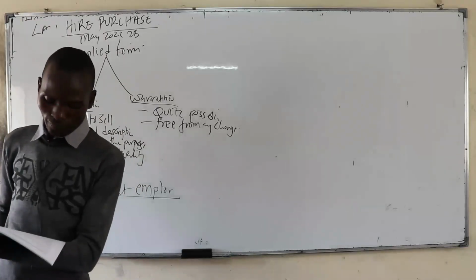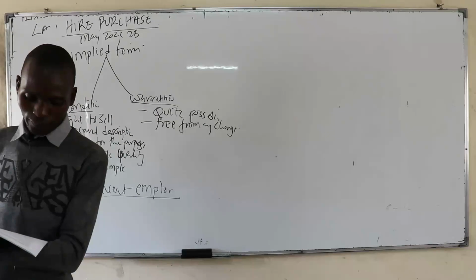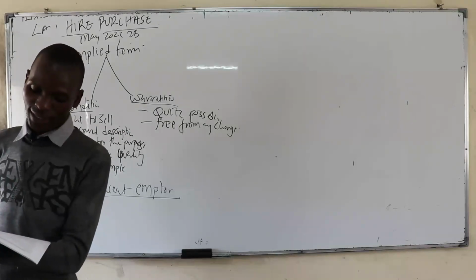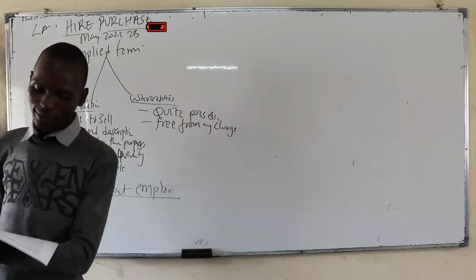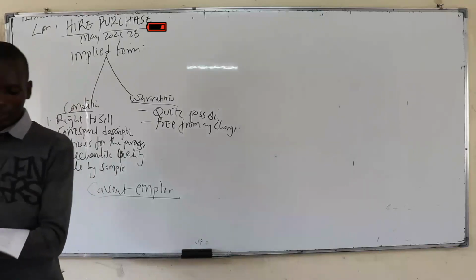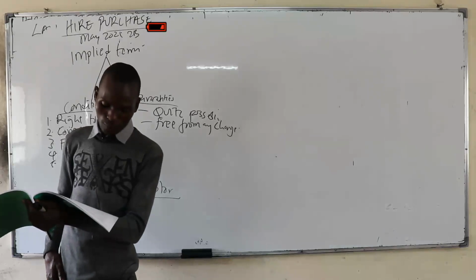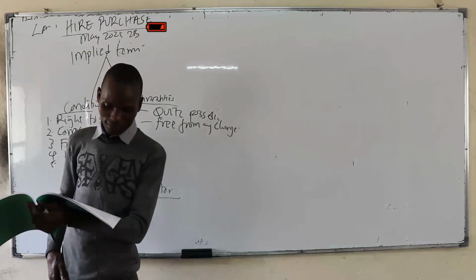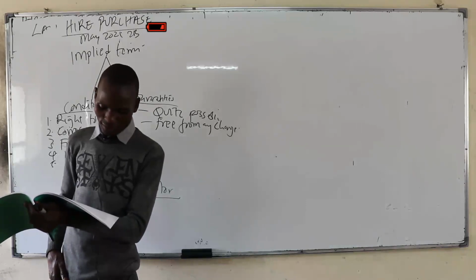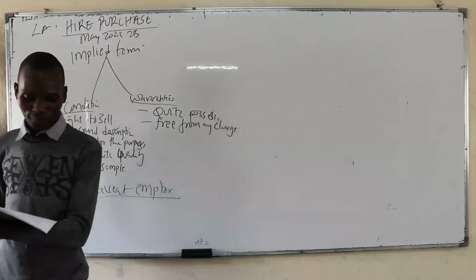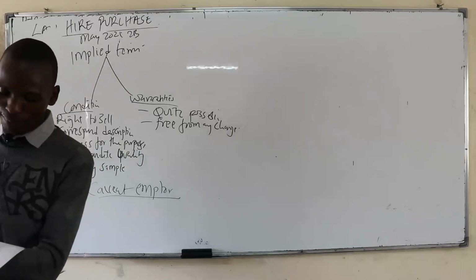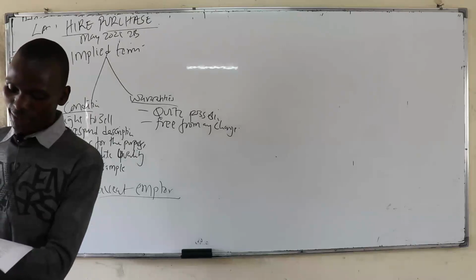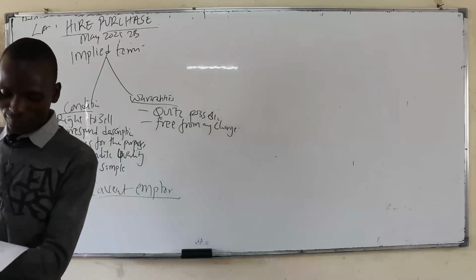Tom Obonyo wrote to Jerry Katana offering to sell his car at shilling 500,000. Jerry Katana accepted Tom Obonyo's offer on condition of the price being reduced to shilling 450. It became apparent that Tom Obonyo is not willing to sell the car at shilling 450.